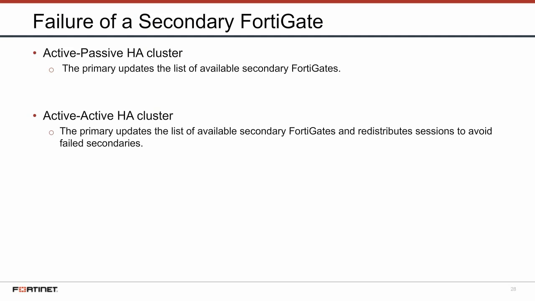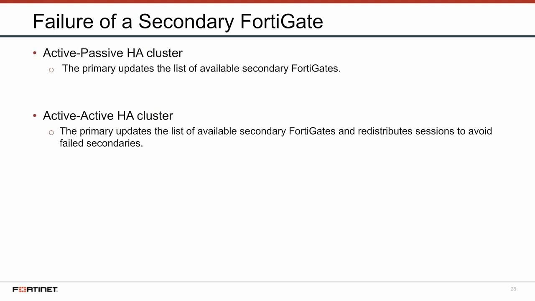As you learned earlier in this lesson, if a primary fails, a new primary is elected. But what happens if a secondary FortiGate device fails? It depends on the HA mode. In an active-passive cluster, the primary only updates its list of available secondary FortiGates. It also starts monitoring for the failed secondary, waiting for it to come online again.